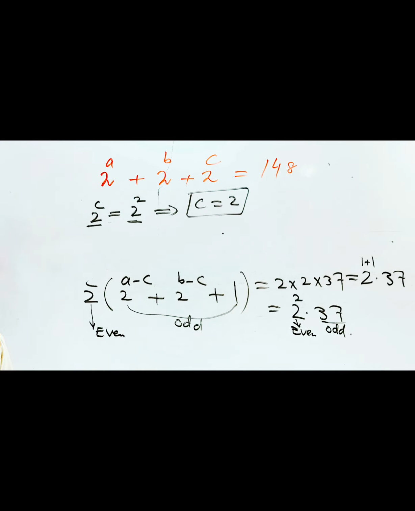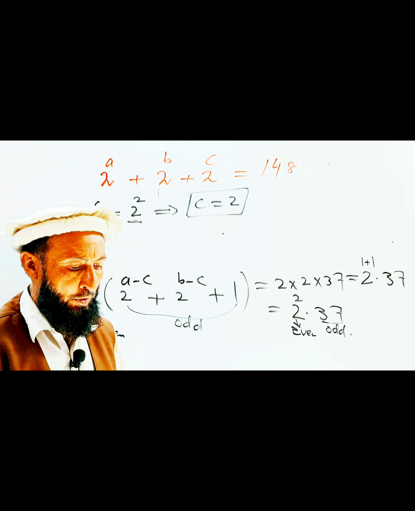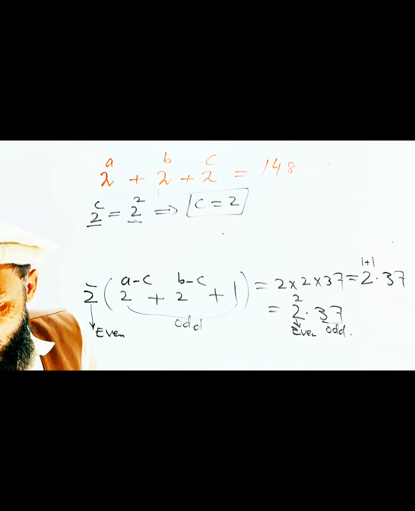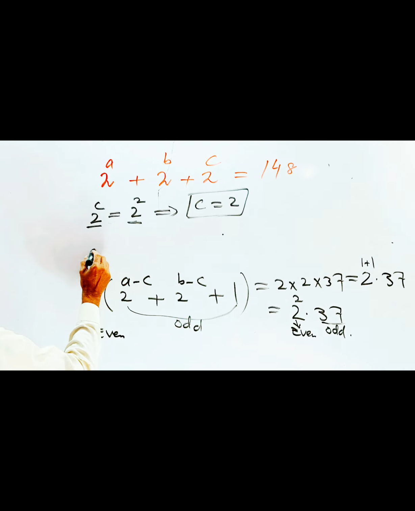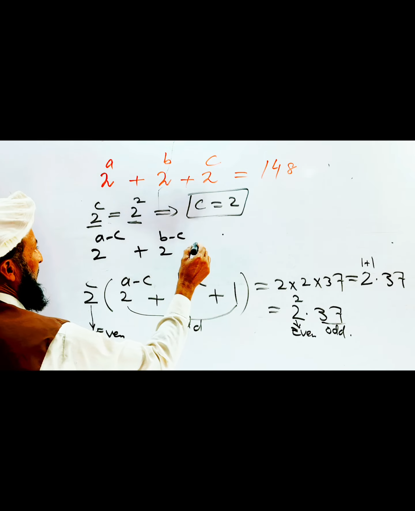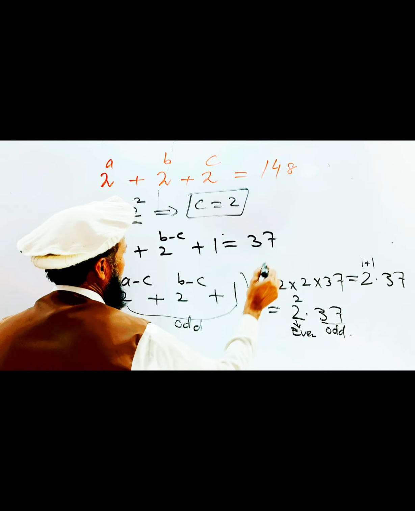Similarly, now comparing the odd number with the odd number: 2 exponent of a minus c plus 2 exponent of b minus c plus 1 is equal to 37.